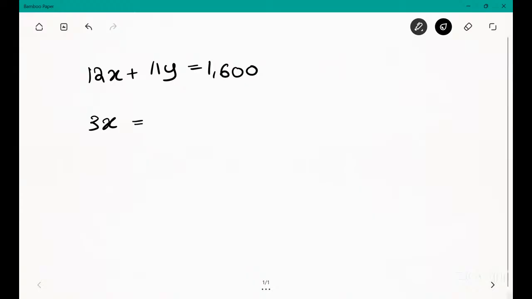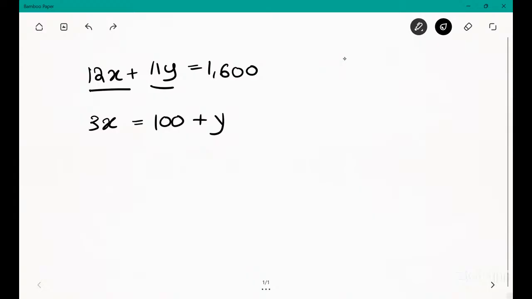Similar to the previous one, you have 100 more than the red flowers. So the first simultaneous equation was the price. They're saying 12 rupees is one white lotus flower and 11 rupees is one red lotus flower, and the total cost is 1600. So that is fine.